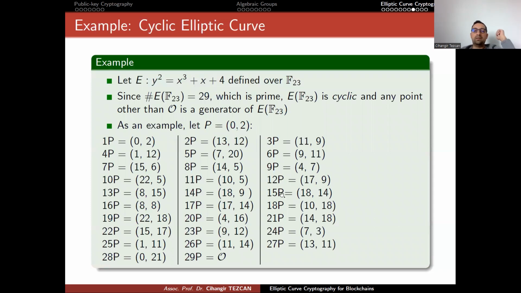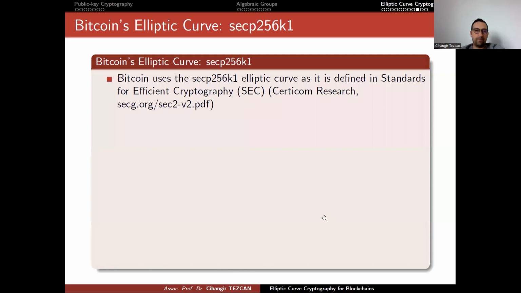So if you continue in this way, you will realize that at the end, you obtain the identity element here. So this point really generates all of the points. So P is a generator of this elliptic curve over the finite field F23. So again, this is a very nice exercise. I recommend you to do it.